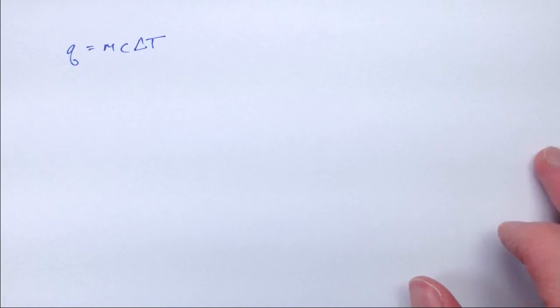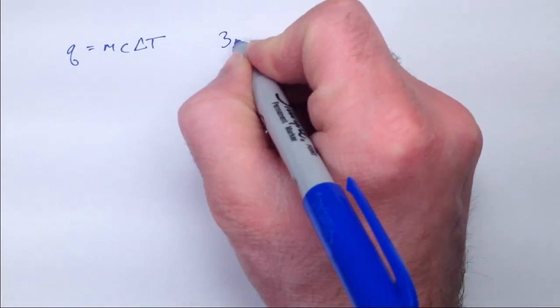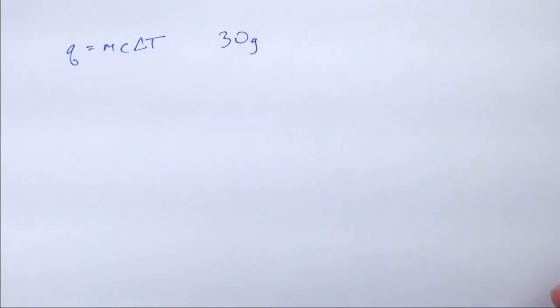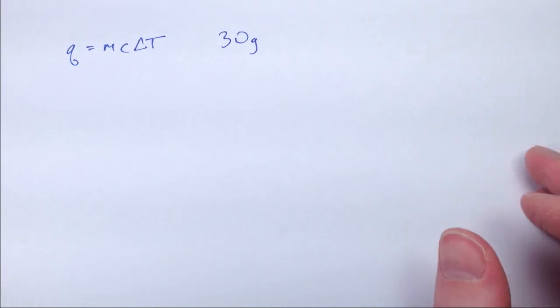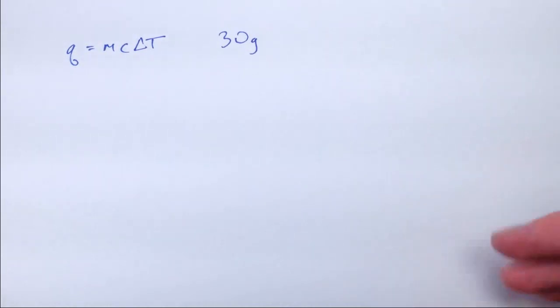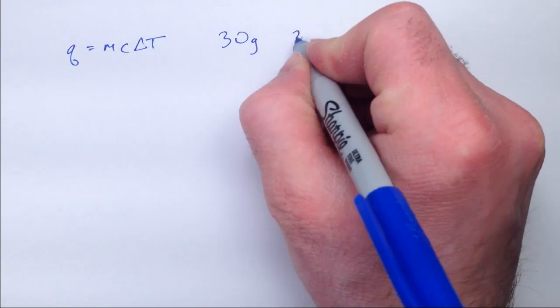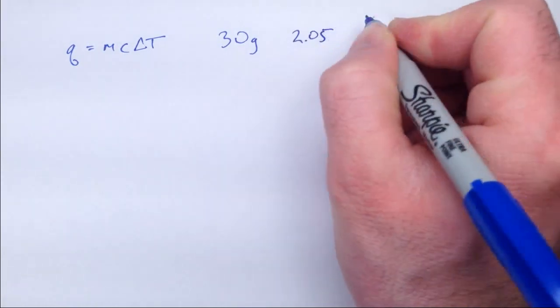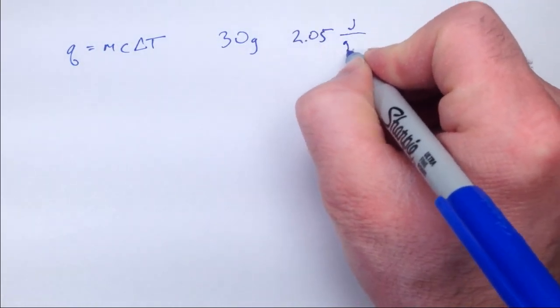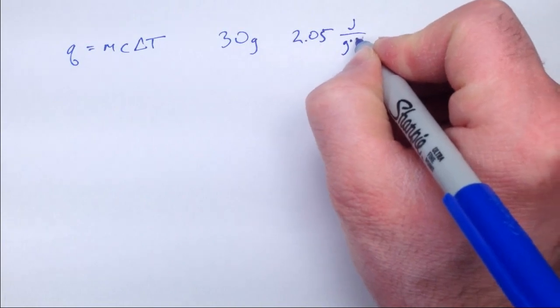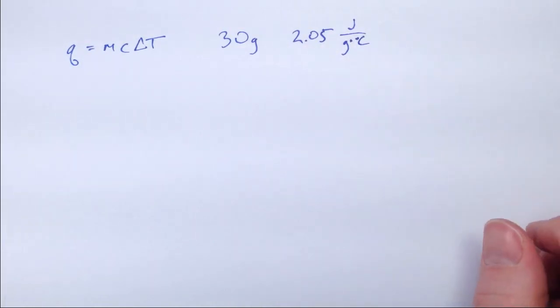And just to make sure that we're all clear on this, let's do a little practice. If you remember in my example of the lab, I was using 30 milliliters or 30 grams of water. When I froze it, of course, it became ice. And the specific heat of ice is 2.05 joules per gram degrees Celsius.